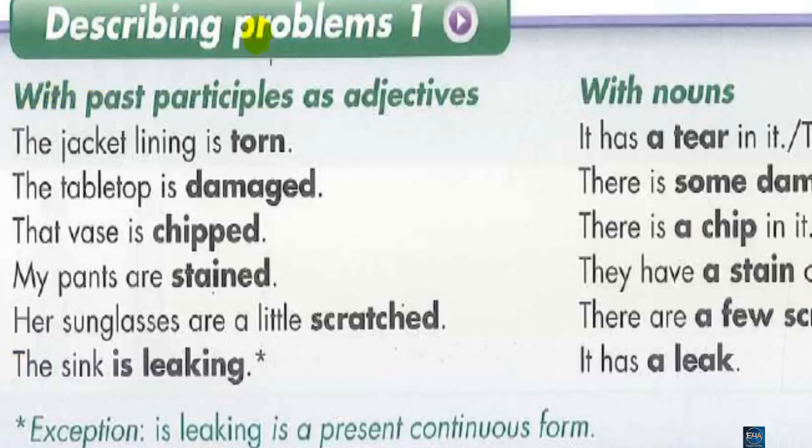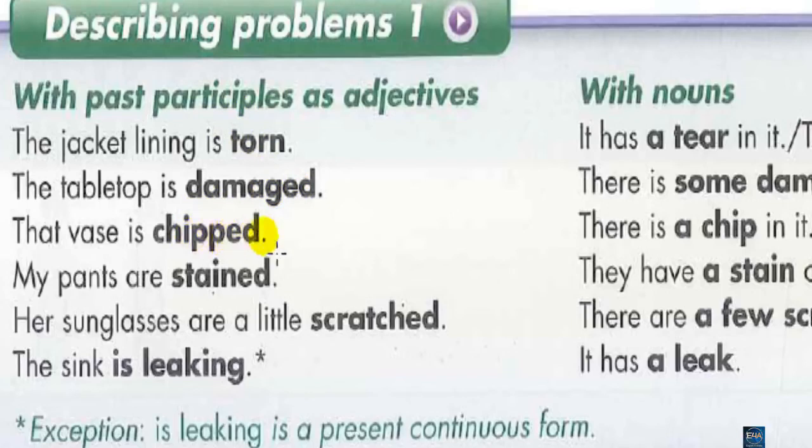Here, describing problems with past participles as adjectives. Past participles, PP, are the third form of the verb, after the present and past. Example: tear, tore, torn. Damage, damaged, damaged.